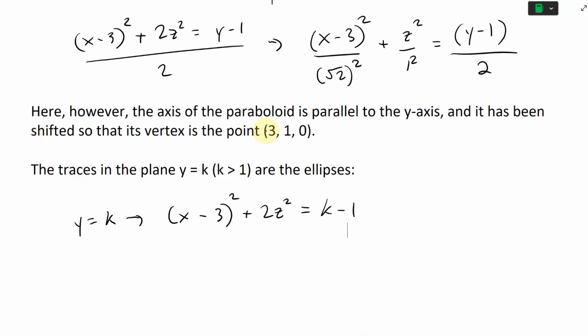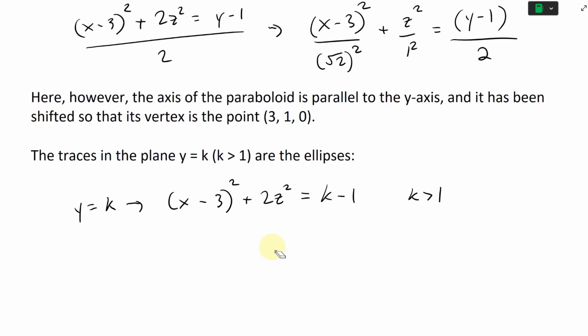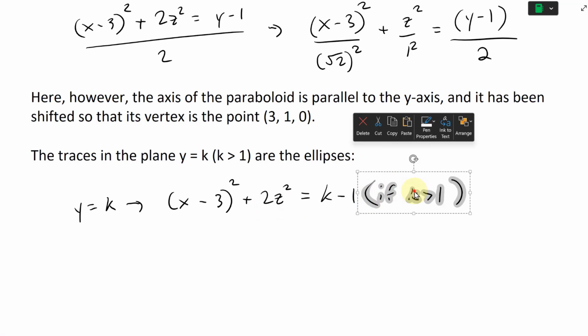And these are ellipses only if this is positive, because then we get divided out. So k is going to be greater than 1. For example, 2 minus 1 is 1, 3 minus 1 is 2, etc. So k is greater than 1.